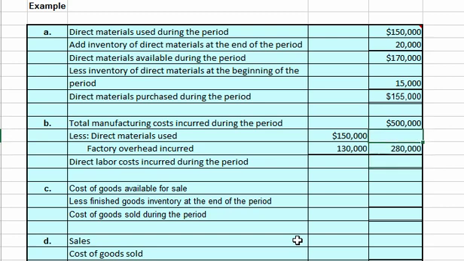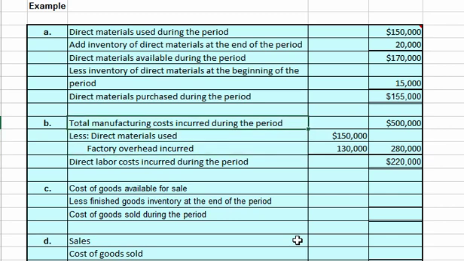I don't know what they're doing here. They're taking total manufacturing cost, and they're going to subtract out direct materials and factory overhead. That difference would have to be labor. What's that, 220? So they're asking you direct labor. They give you total, and they give you the other two components, direct materials and factory overhead.